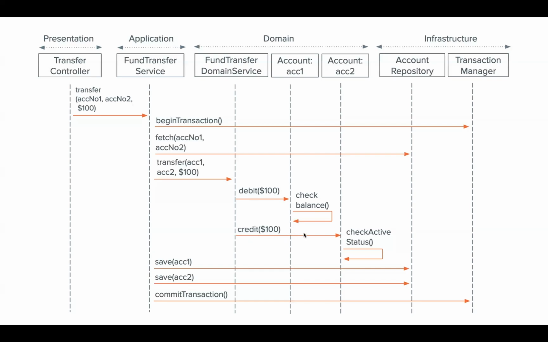Subsequently, the fund transfer domain service can instruct the account 2 object to perform a credit of $100. At that time, the account 2 object can check whether it is in inactive status, for example. When all this succeeds, the fund transfer service needs to save both account 1 and account 2 using the account repository class. When both those operations succeed, the fund transfer service needs to commit the transaction using the transaction manager class. So that is how we would divide the fund transfer functionality between the different layers in the code.